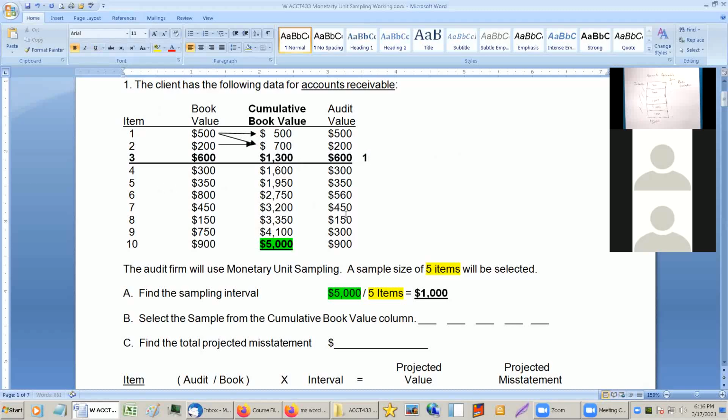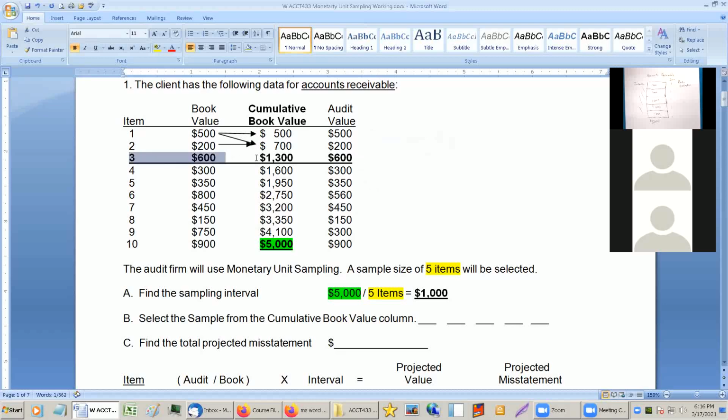Then you want the one that crosses the $2,000 one. Which one crosses the 2,000? Oh, come on, you guys are toying with me. 800.